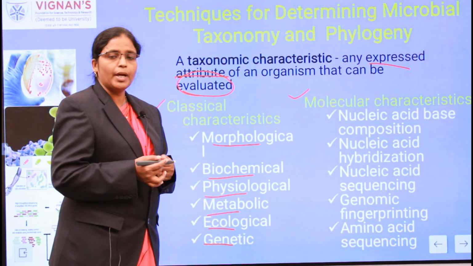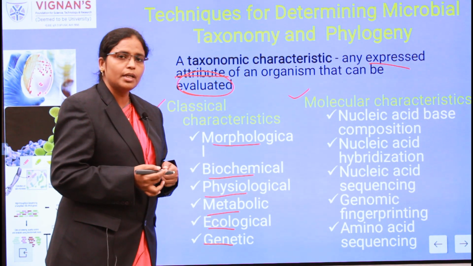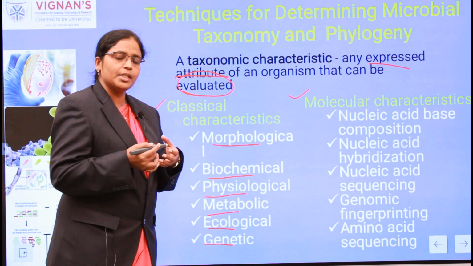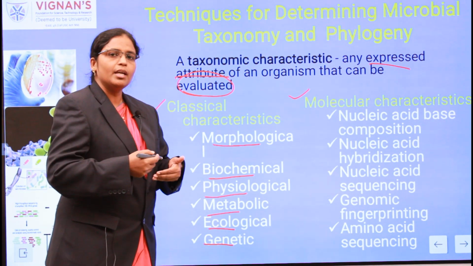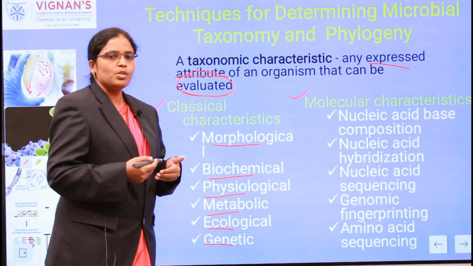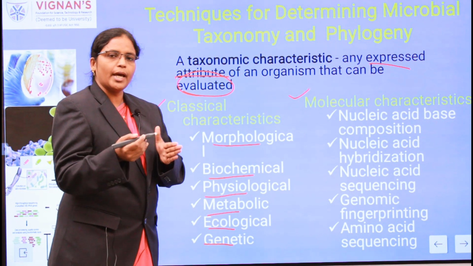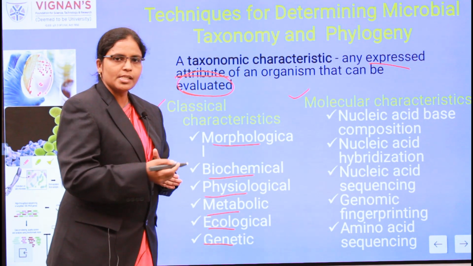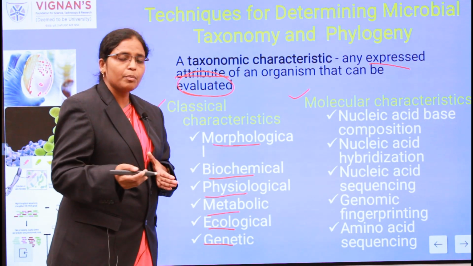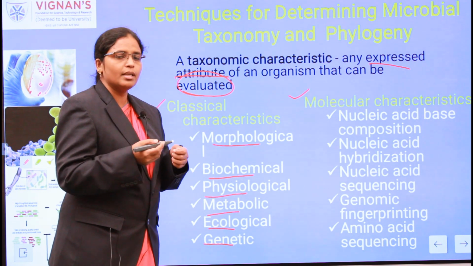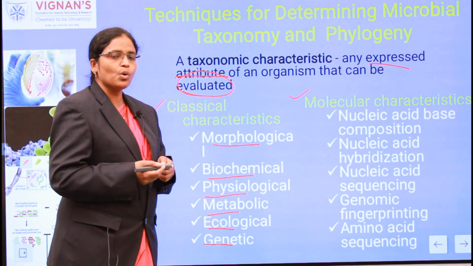Biochemical features, nothing but the biochemical reactions taking place inside the living organism. So the substrate is converted into product by the action of enzymes. So this is a chemical reaction, a biochemical reaction taking place inside the microorganism.